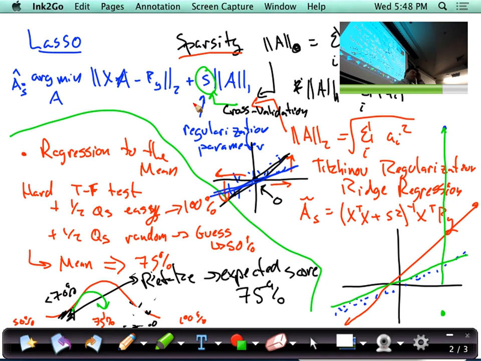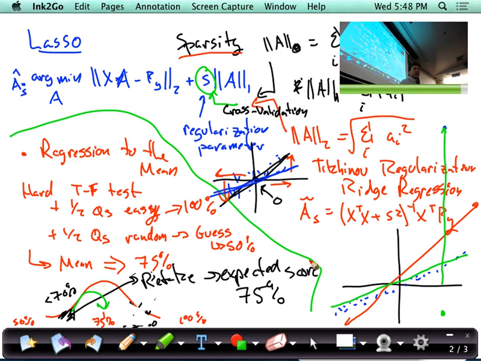Maybe if you don't believe any of this regularization garbage, you think, of course the best value is going to be 0. Why do you add this extra term here? It turns out if you actually do cross-validation, there's going to be some value of S which is going to do better than 0, unless the data actually fits perfectly on a line.